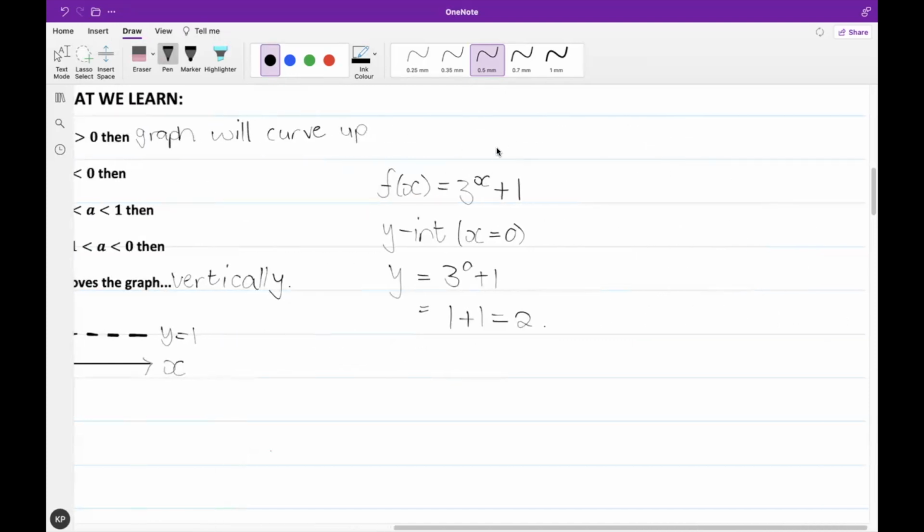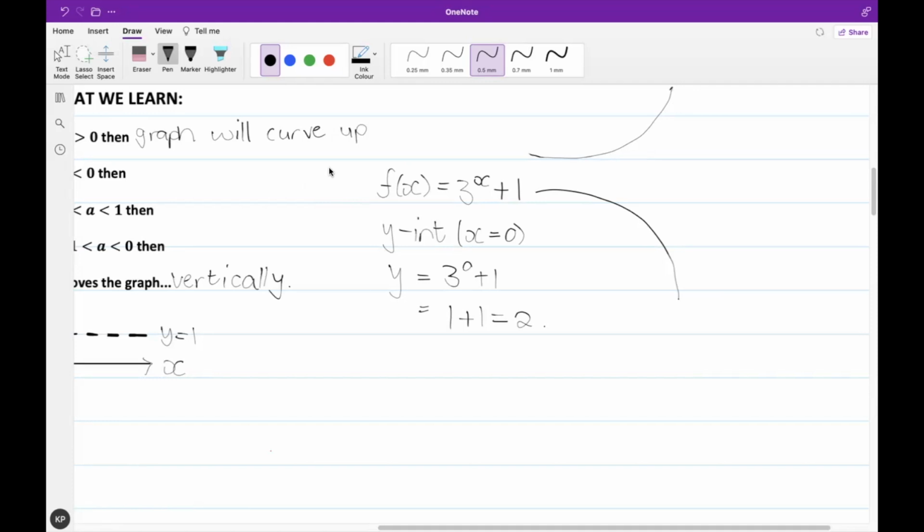We have two different types of curves, right? One that curves upwards like so, and then one that curves downwards like so. So this is what I mean when I say that your graph will curve upwards if a is greater than 0, if it is a positive a.